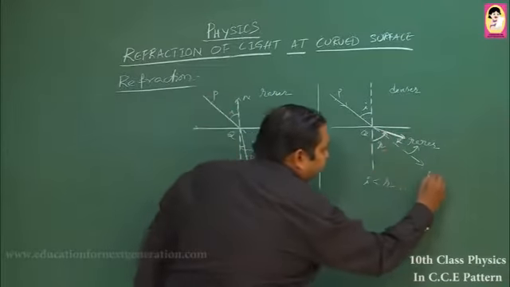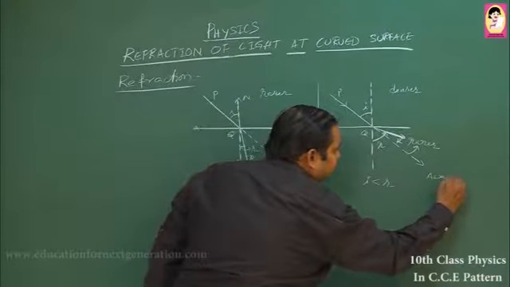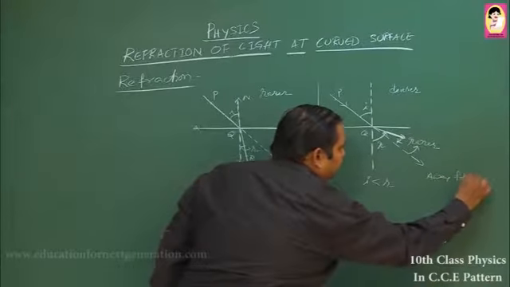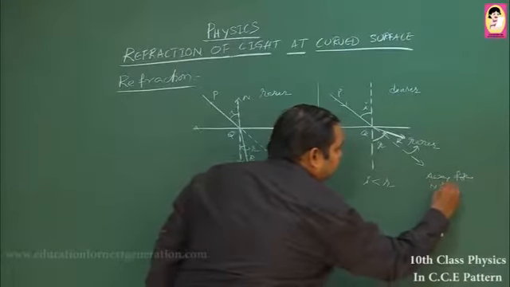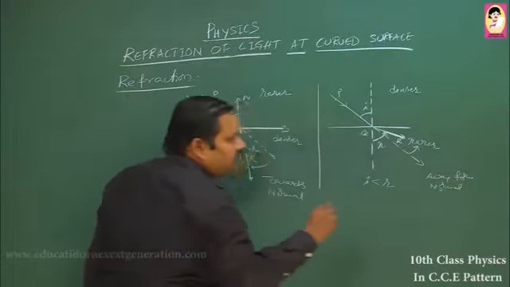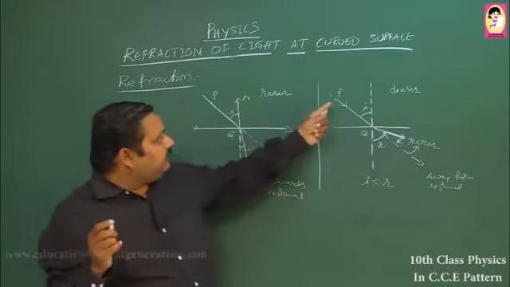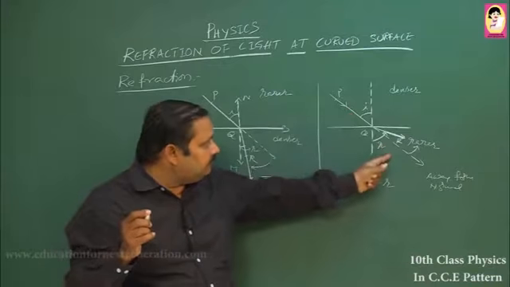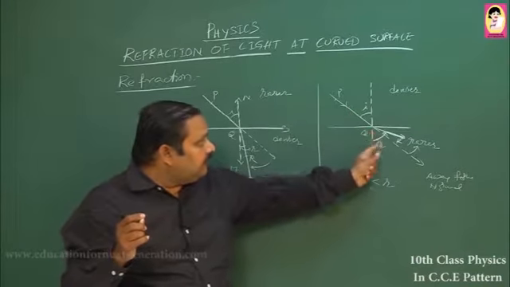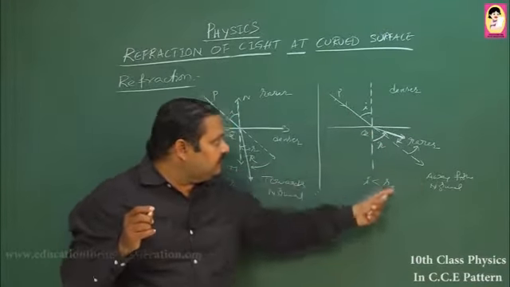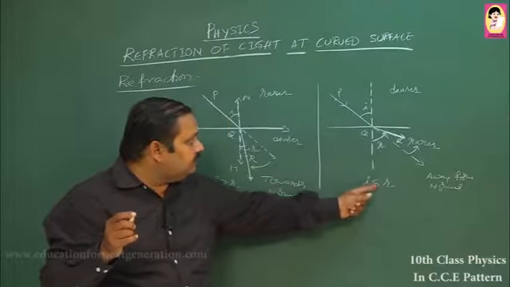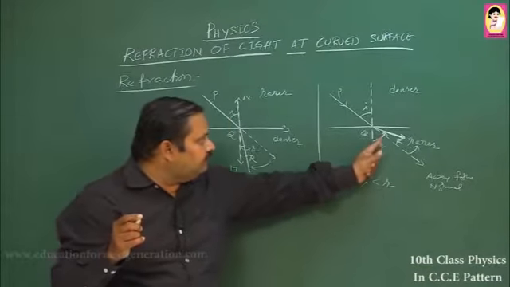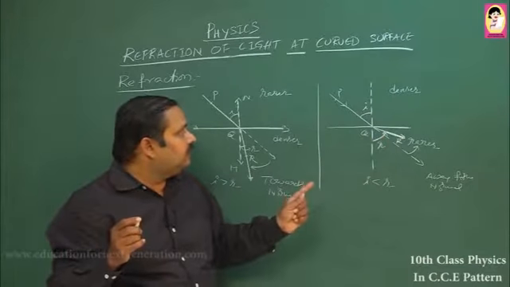So, here you can write away from normal. Whenever a ray of light is entering from denser to rarer medium, it bends away from the normal. In such a case, the angle of incidence is less than the angle of refraction. This is the big angle and this is the small angle.